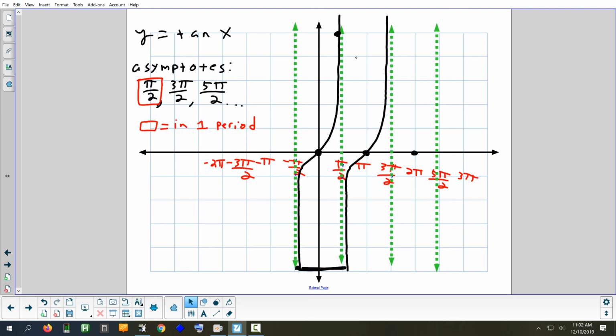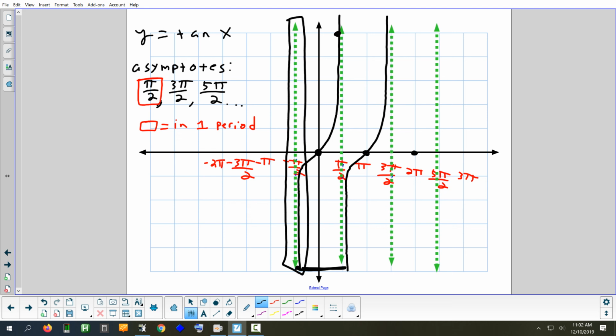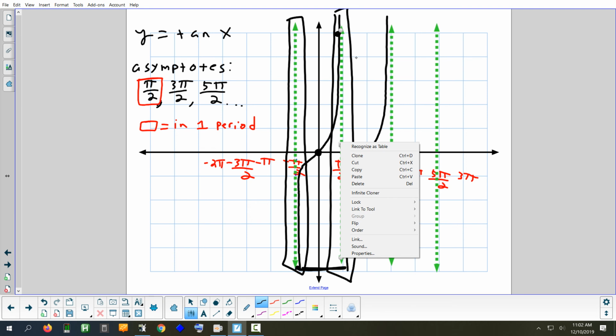So if we said that this one and this one belong to the same cycle, then we're saying that there's 2 per cycle. But then if you look at the next one, you'd have to say, wait, there's only 1. I can't say that this one belongs to it because I already said it belongs to something else.